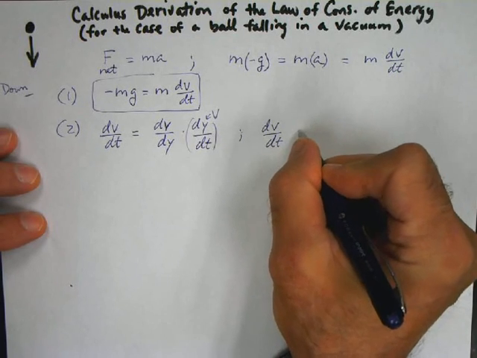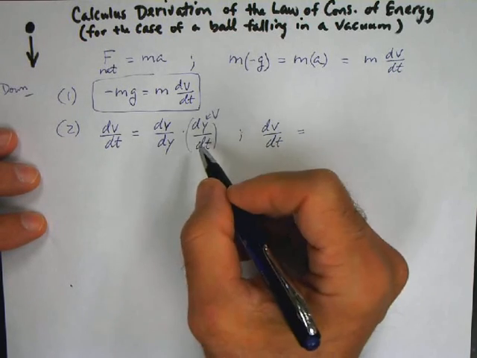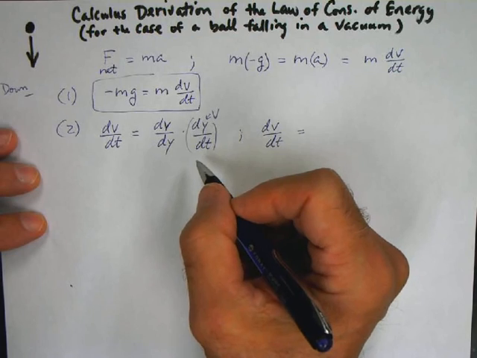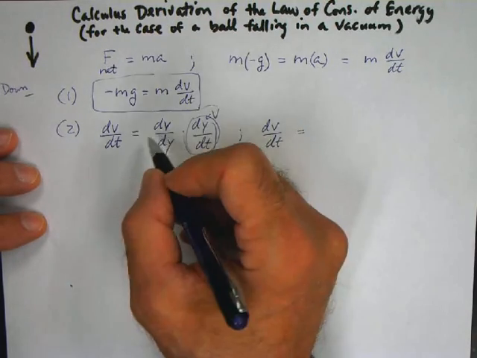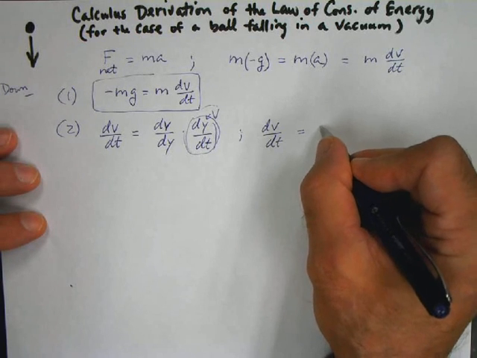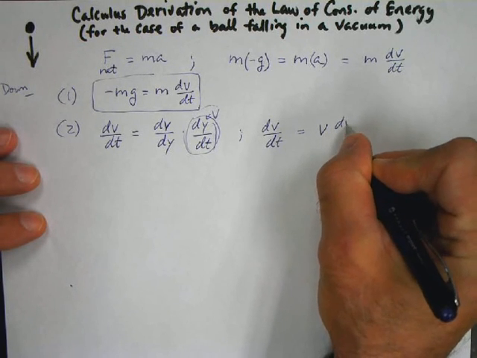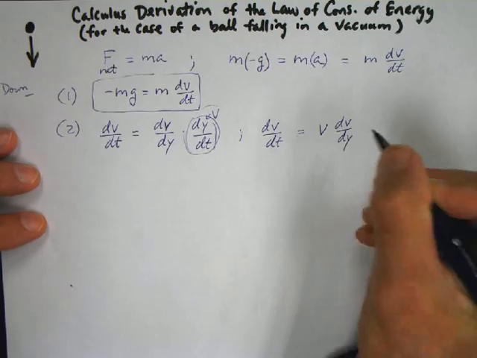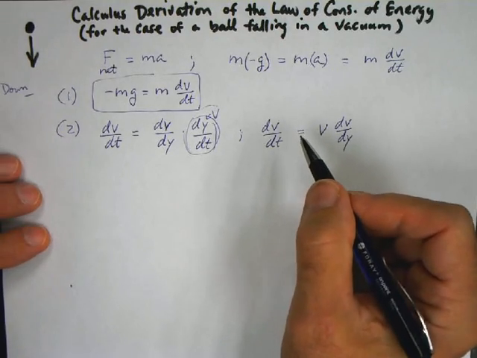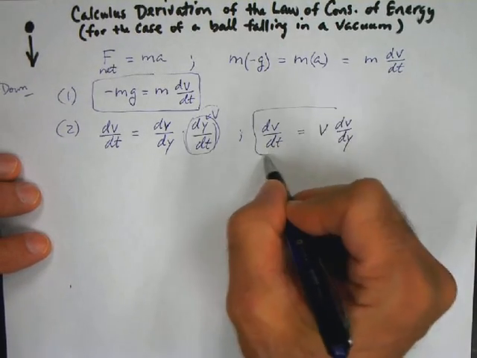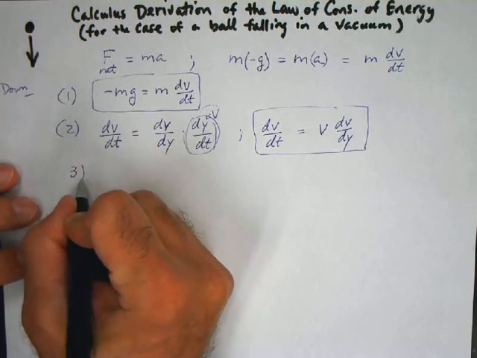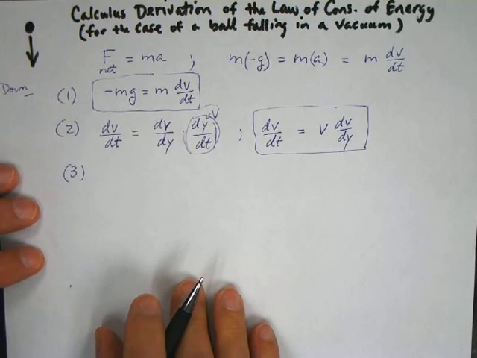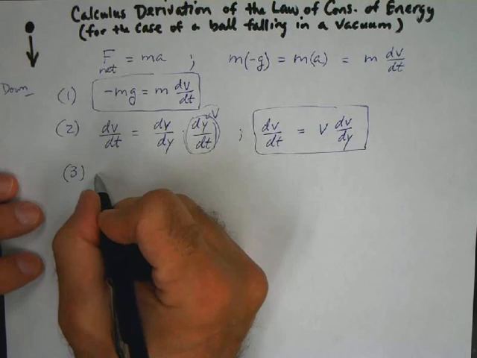So this gives us that dv dt is equal to what? V times dv dy. Alright, so we have that result right there.